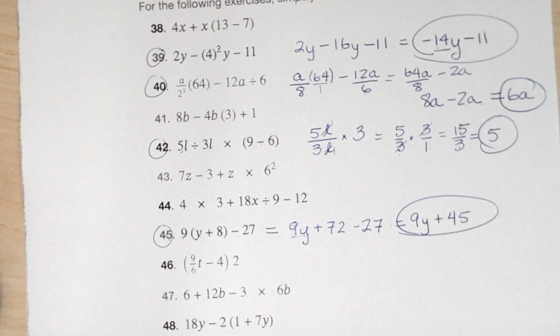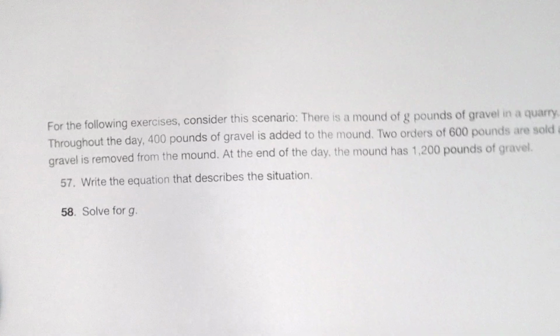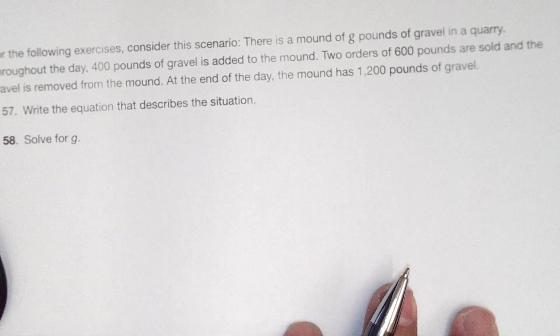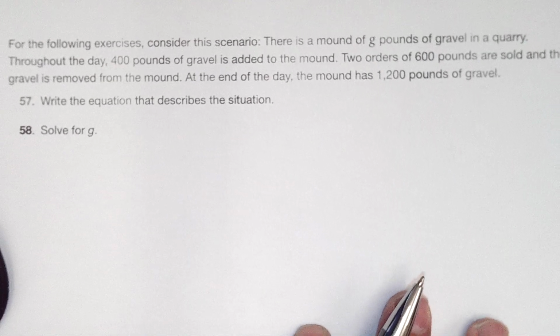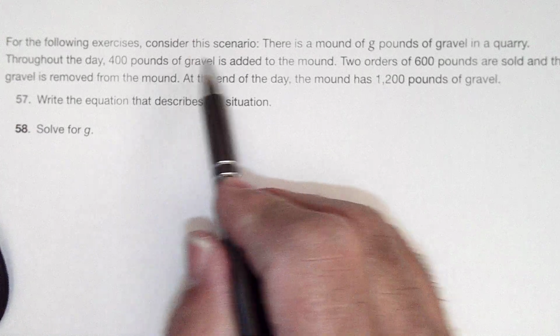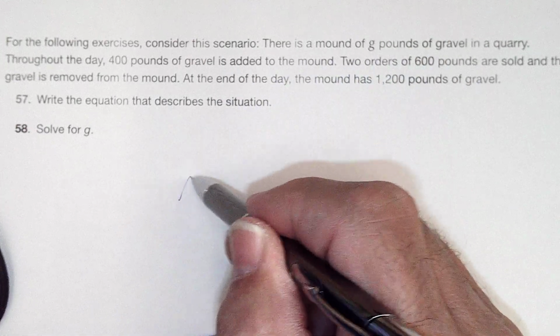And those are the ones that I had questions on from that page, and then 57 and 58. Now, it's often helpful if you're doing word problems like this, if you can draw a picture for yourself. So there's a mound of G pounds of gravel.